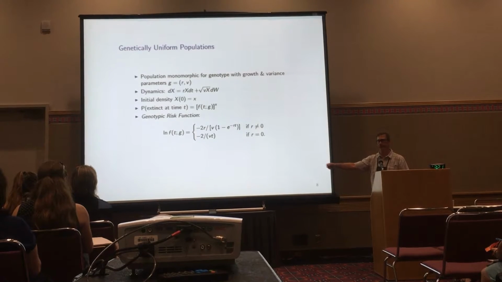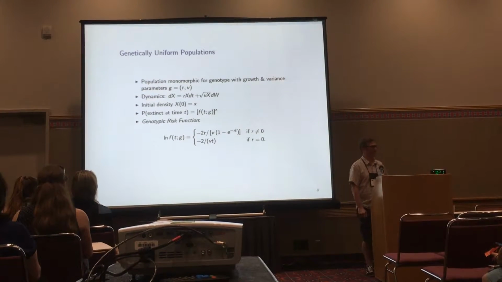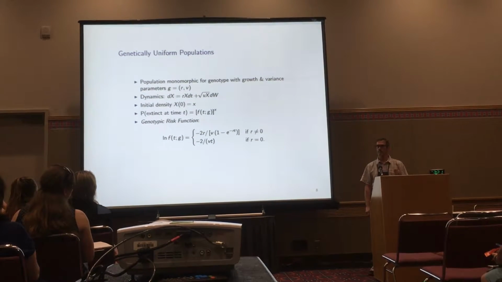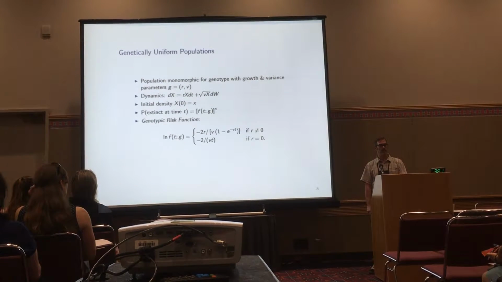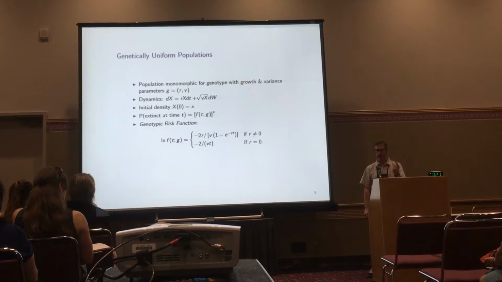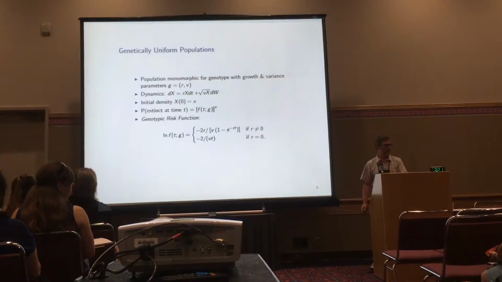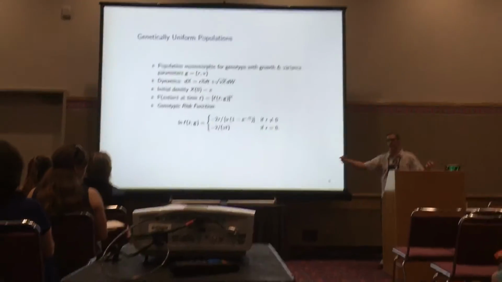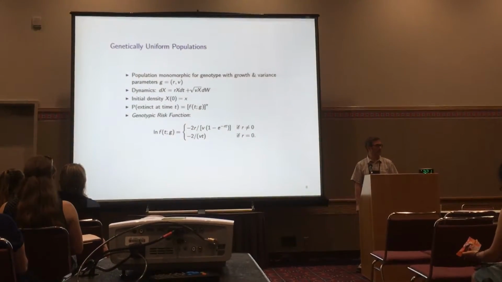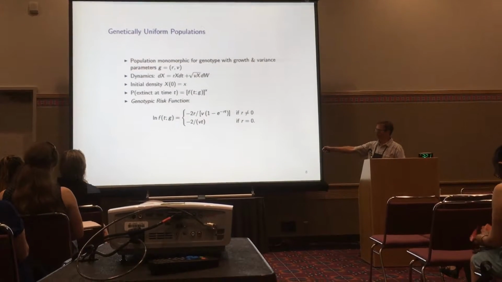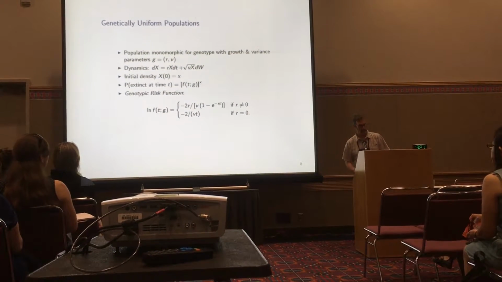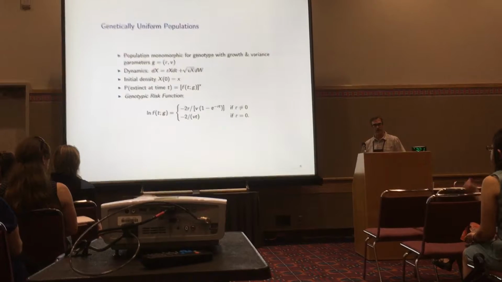This function f here, I'm going to call the genotypic risk function. It gives the probability of extinction of a single per capita individual at time t, and you take that and raise it to the number of individuals of that genotype. Okay? So it's got this form here.